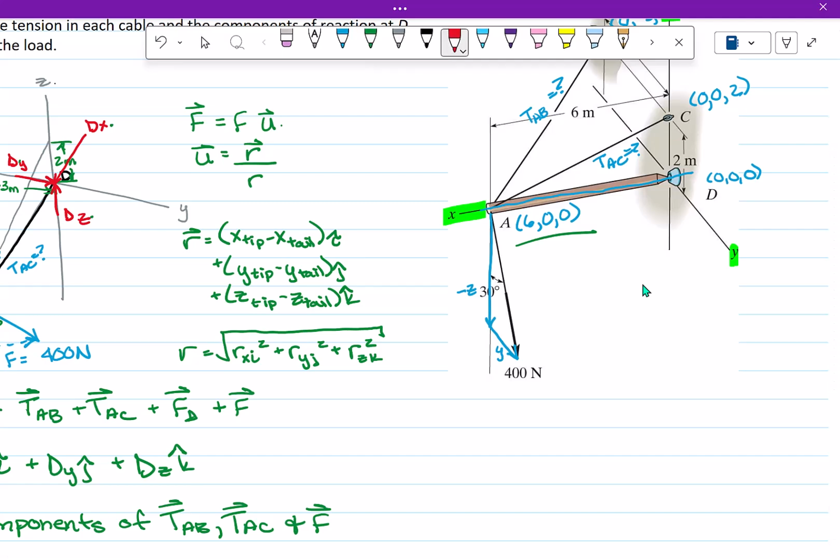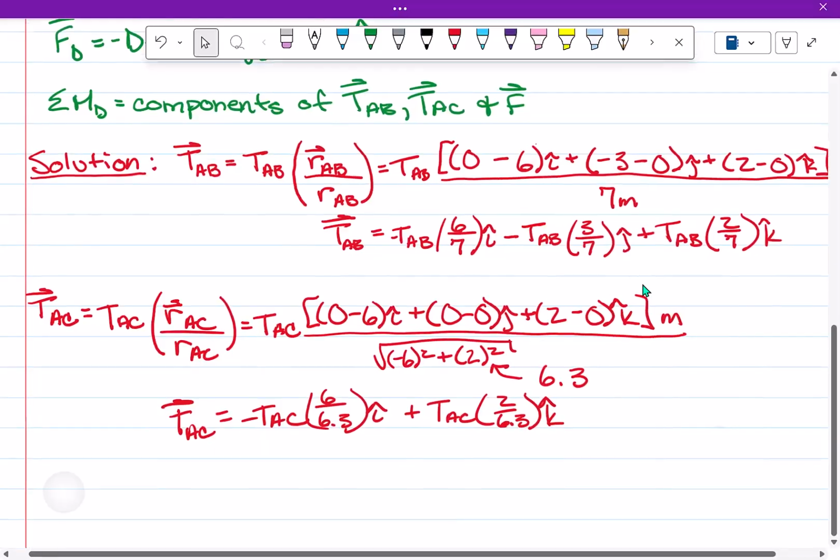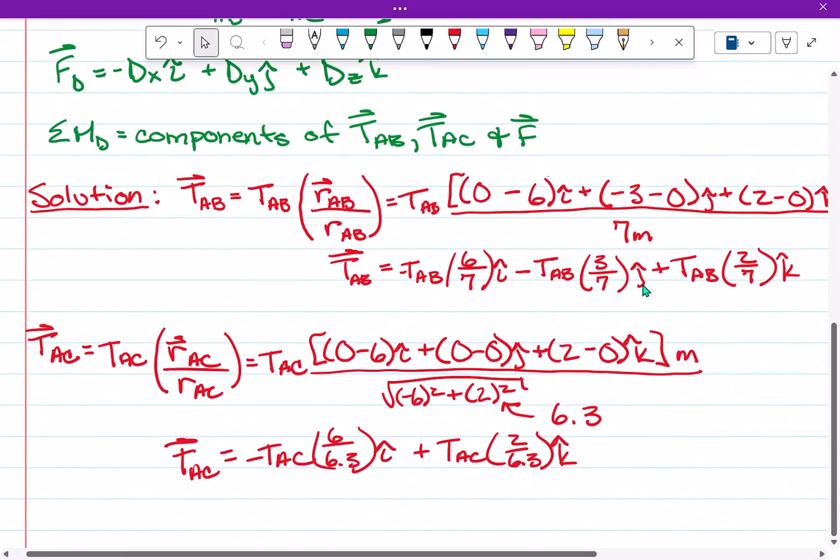We're going to go ahead and continue finding all of the components, and then we'll start taking the sum of the forces and the sum of the moments. Let's also go ahead and look at our F. Our 400 newtons is again down and to the right. So we have a 30-degree angle with the z-axis.